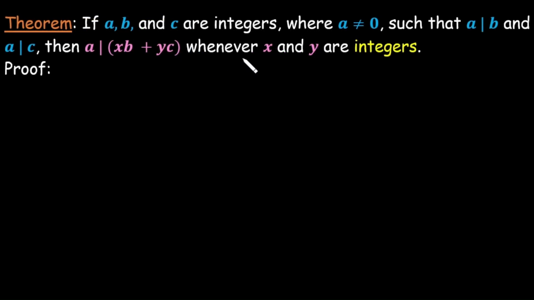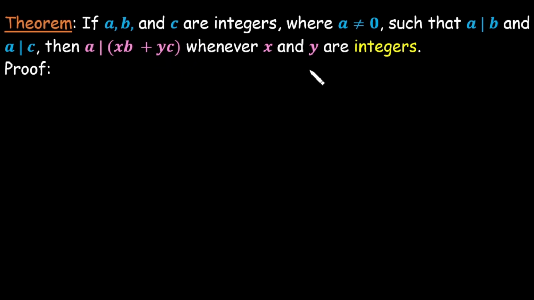Now here we have a very important result called a linear combination. If A divides B and A divides C, where A, B, C are integers and A is not equal to 0, then A must divide the linear combination of B and C, where a linear combination is represented as B into some integer plus C into some integer.